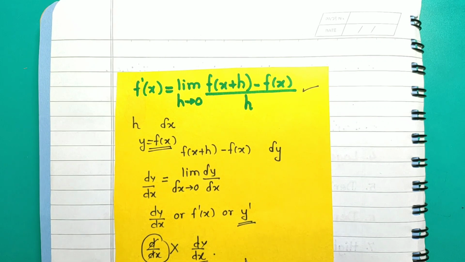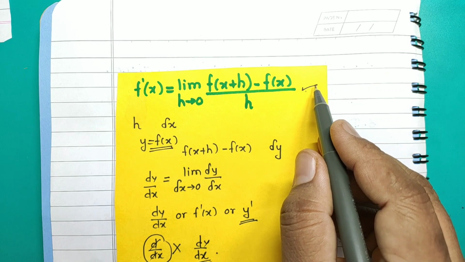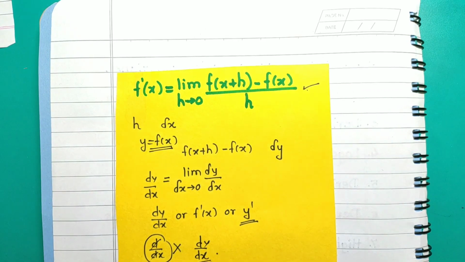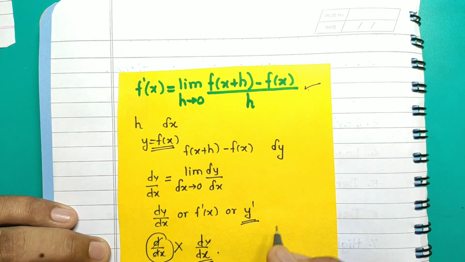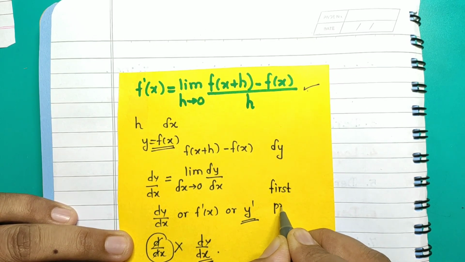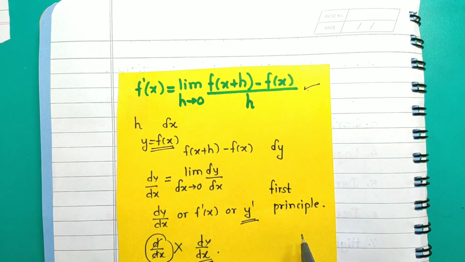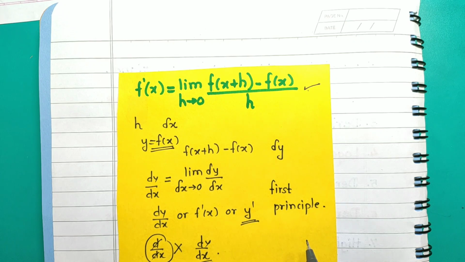Now students, the process of finding the derivative of a function from this definition of derivative is known as derivative from first principle. Using this definition, derivatives of some standard functions are obtained.